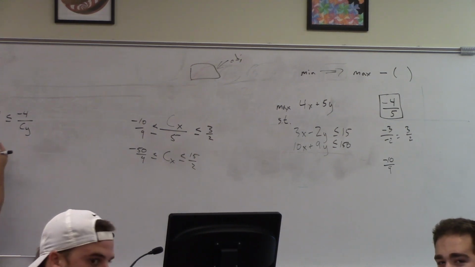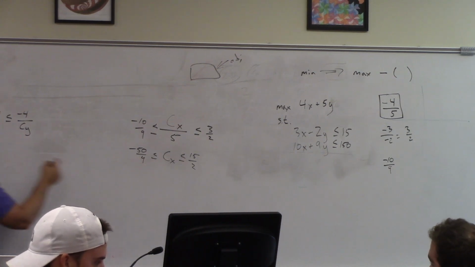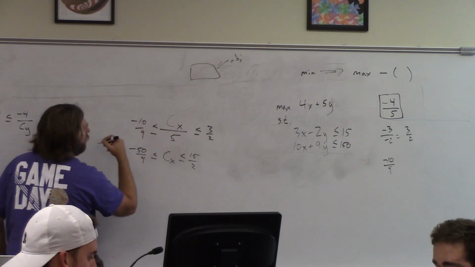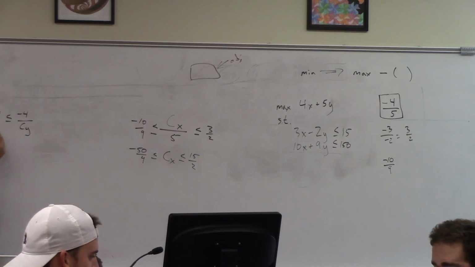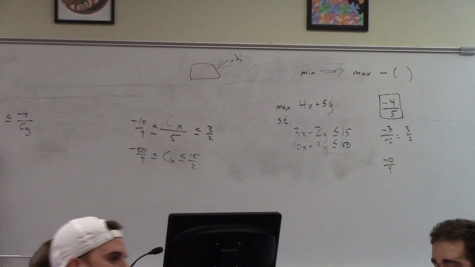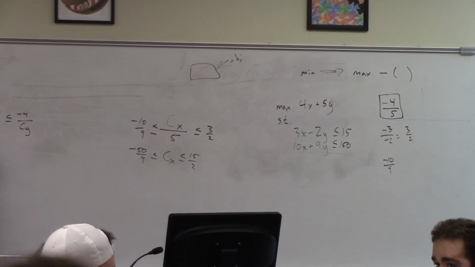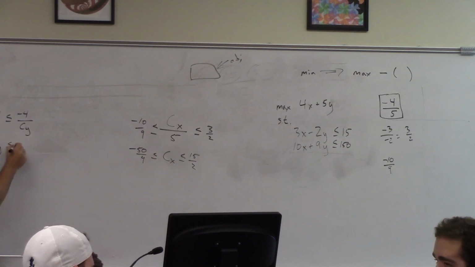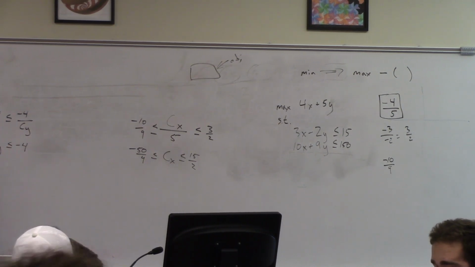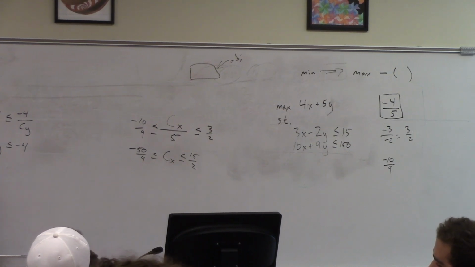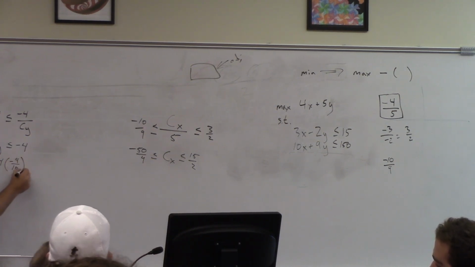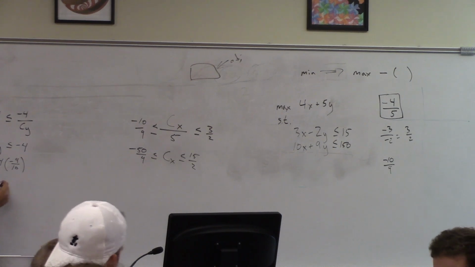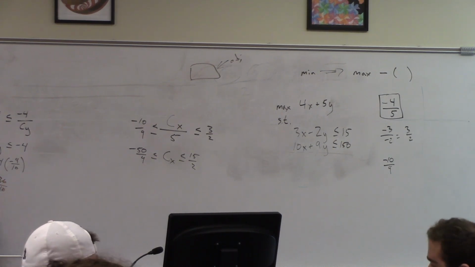So I'm going to multiply this by cy. And then I'm going to multiply this by negative 9/10 to get cy is greater than or equal to negative 4 times negative 9/10. So cy has to be greater than or equal to positive 36/10.